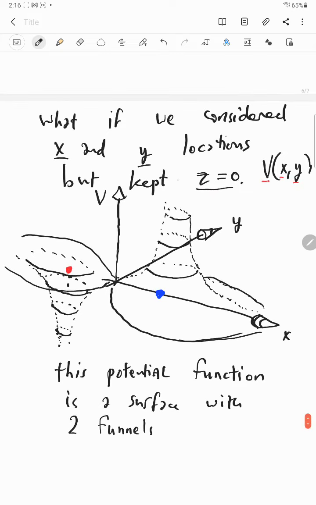One of the funnels goes up to positive infinity in potential, and the other funnel goes down to negative infinity in potential, right?